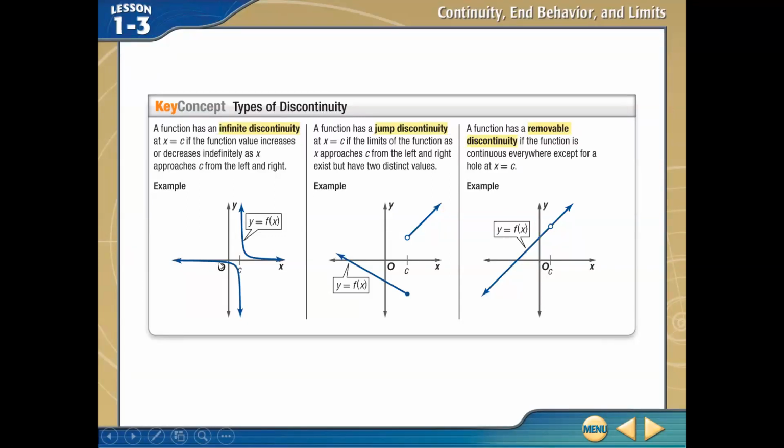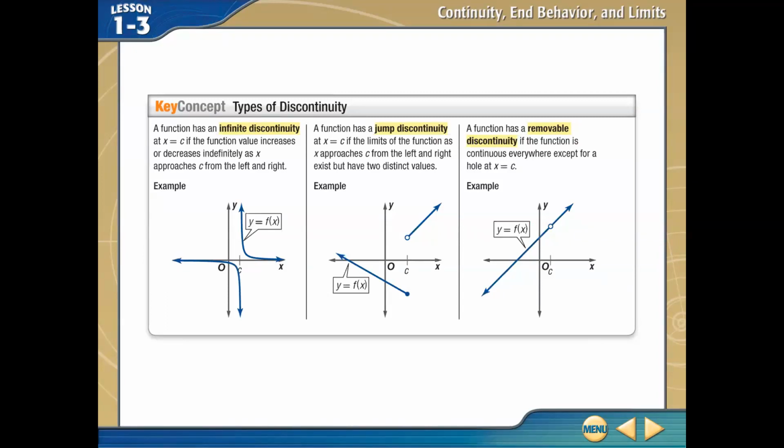See, as we get closer and closer to c, our graph shoots down to a negative infinity. Okay, in the arrow, we have to assume that that graph continues to go. So we'd approach from the left side to a negative infinity, but then as we approach from the right side, we also approach a positive infinity. And since our output values are a negative infinity and a positive infinity, it's what's known as an infinite discontinuity.